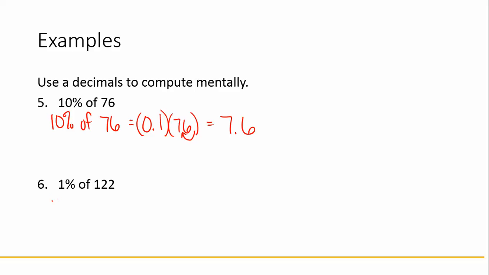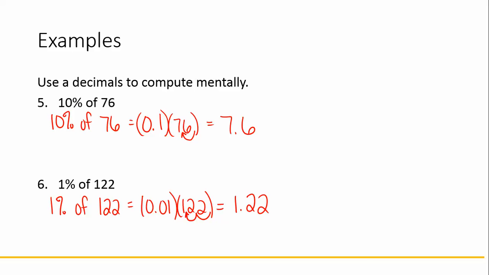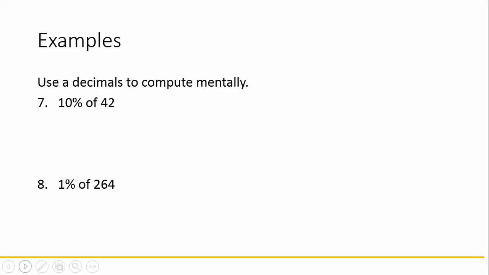Number 6, we have 1% of 122. So that's like taking 0.01, that's what 1% is as a decimal, times 122. We're moving the decimal place 2 places to the left, so we get 1.22. You want to pause the video here and try 7 and 8 on your own.